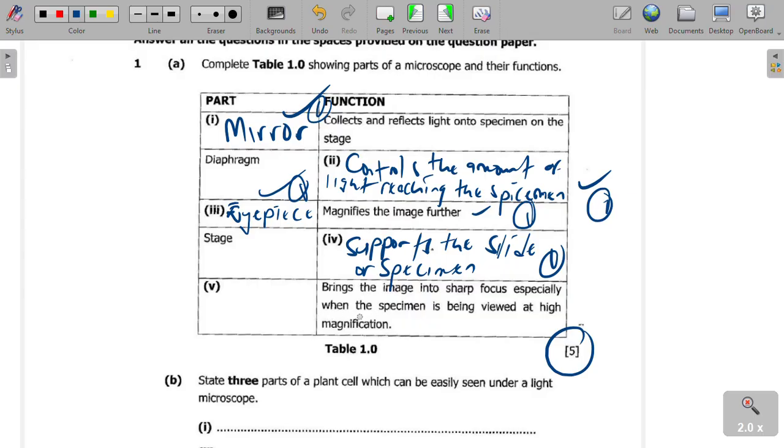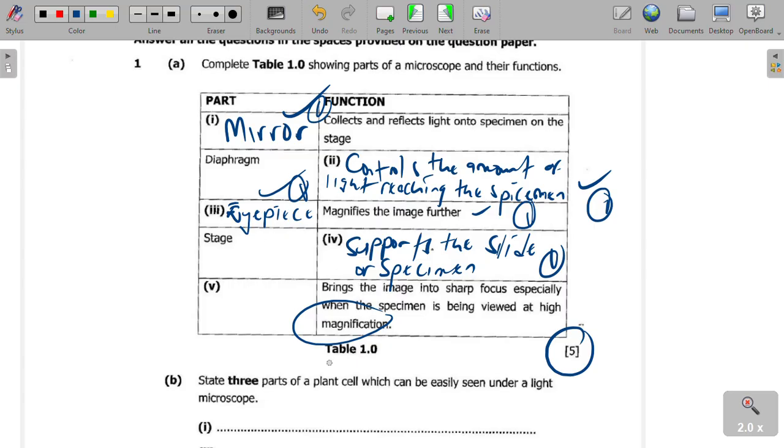We are given the function: brings the image into sharp focus, especially when the specimen is being viewed at higher magnification. This reminds me, you have to know how to calculate your magnification, because the examiner might bring 1 or 2 questions in paper 1. You need to know your formula to get this correctly.